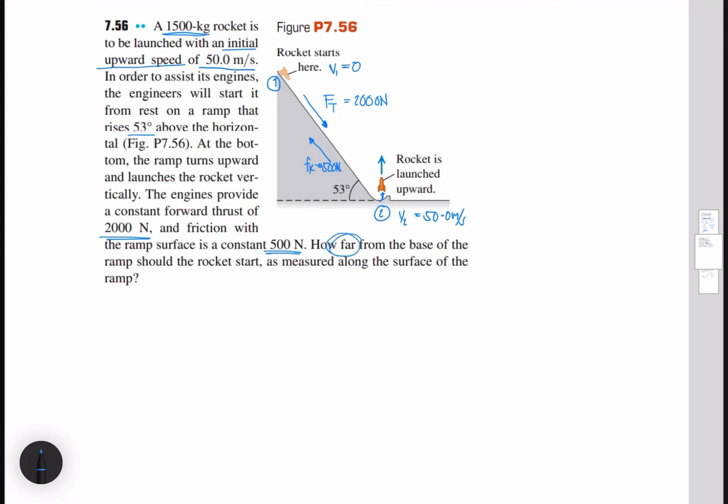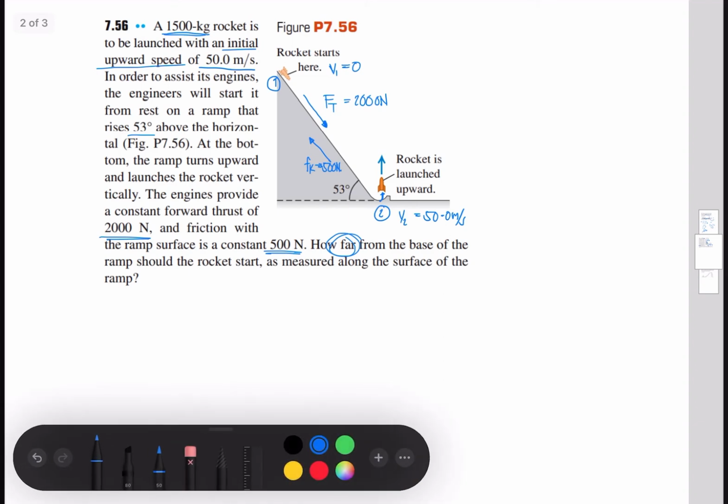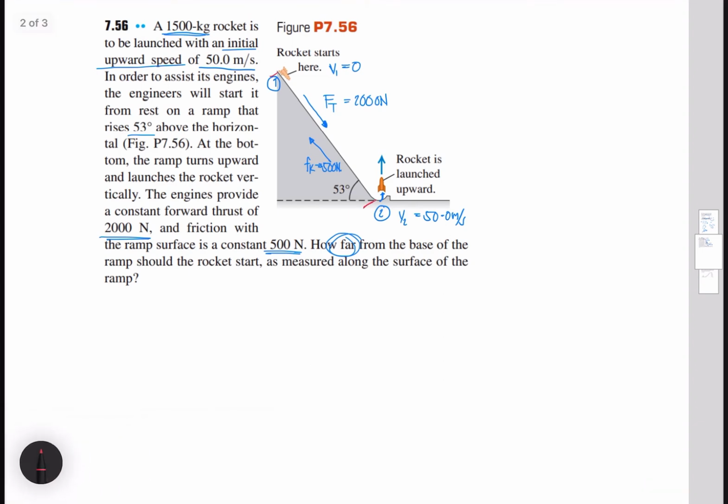What are we looking for in this problem? We are basically looking for the distance, meaning from that point to that point, how far it should be. Let's have that as S. S is what we need.